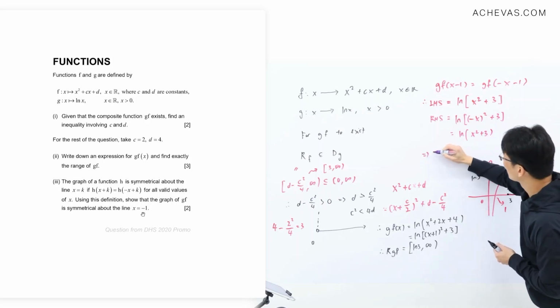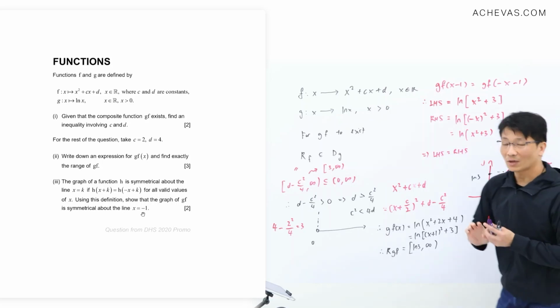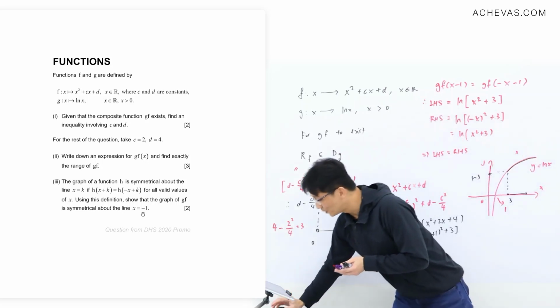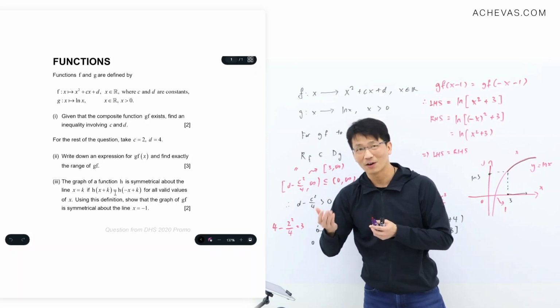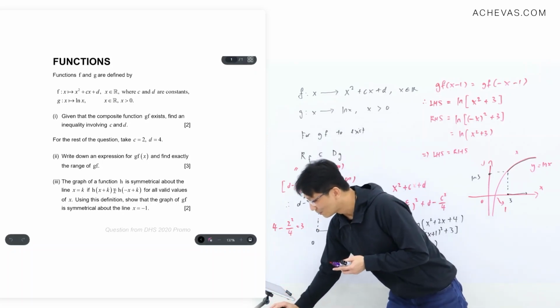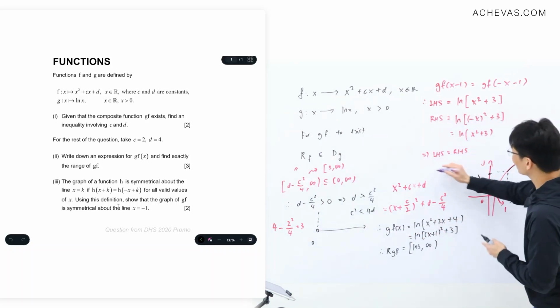So therefore, left hand side equal to right hand side. Once we have proved this definition, we have fulfilled this requirement already, then we can come to the conclusion that the graph of gf will also be symmetrical about the line x equal to minus 1.